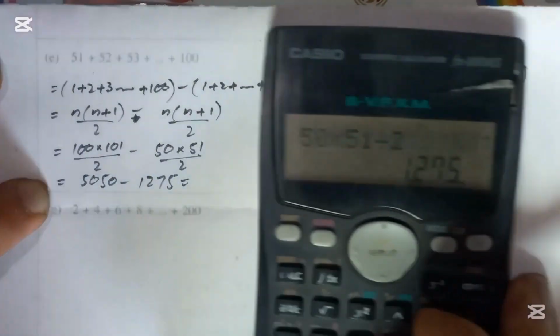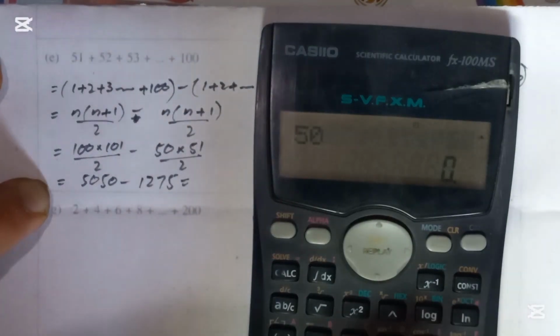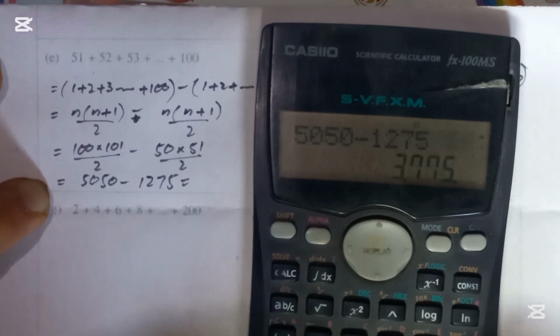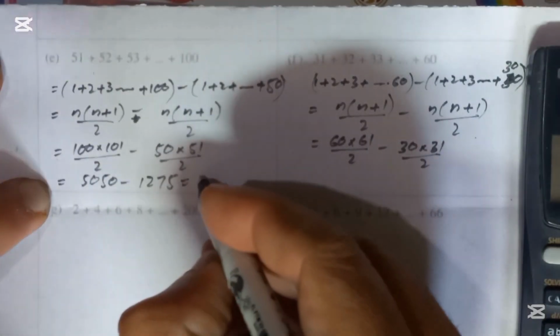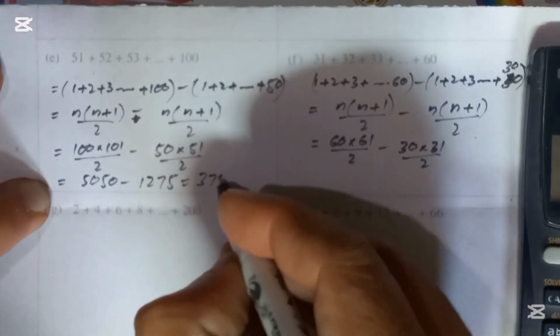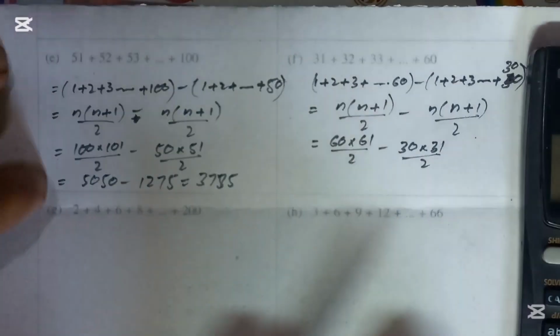And after solving it, 5050 minus 1275 will be 3775. So this is the answer of this question.